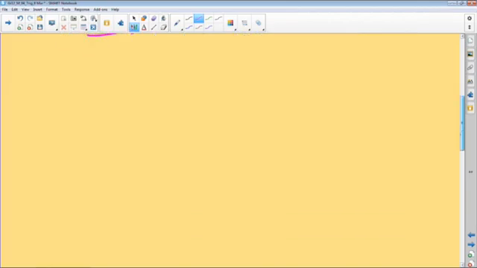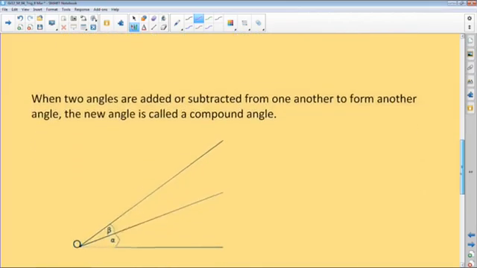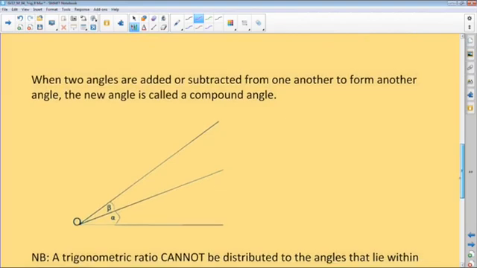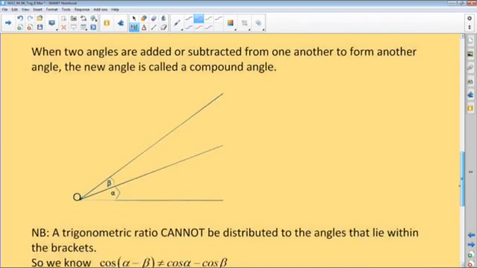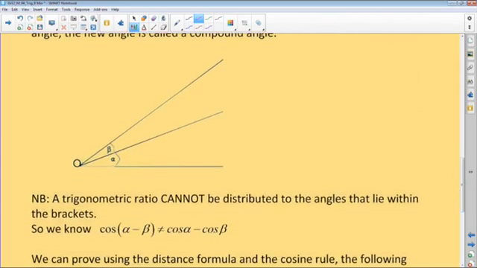Okay, so just talking a little bit more about what a compound angle is. As I said to you, when two angles are added or subtracted to give you another one, it forms what we call a compound angle. It makes more sense if we see it in a diagram.